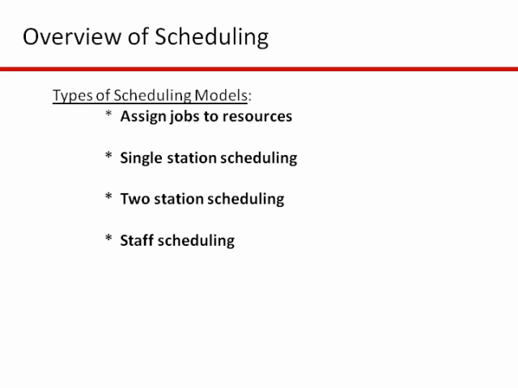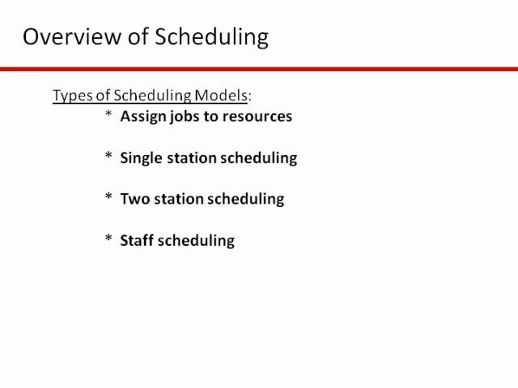Chapter 15 has 4 chunks of models, and we're going to talk about each one of these. The book provides us with some heuristics or rules that work very well in terms of doing scheduling. Just as an FYI, scheduling is very difficult to optimize because the number of combinations is exponentially large as you increase the number of options available.